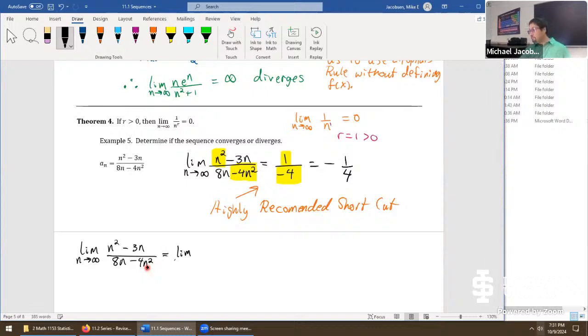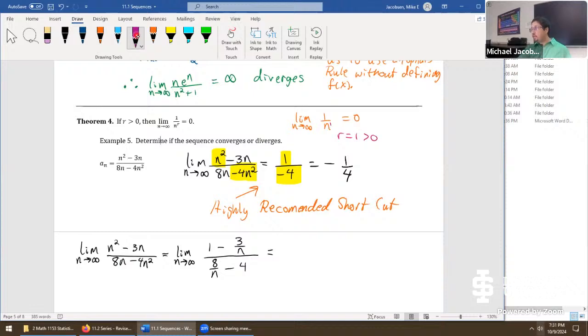You'll get limit as n goes to infinity, divide that by n squared to get a 1. From here, we'll get negative 3 over n. From here, it's 8 over n. And from here, a negative 4.